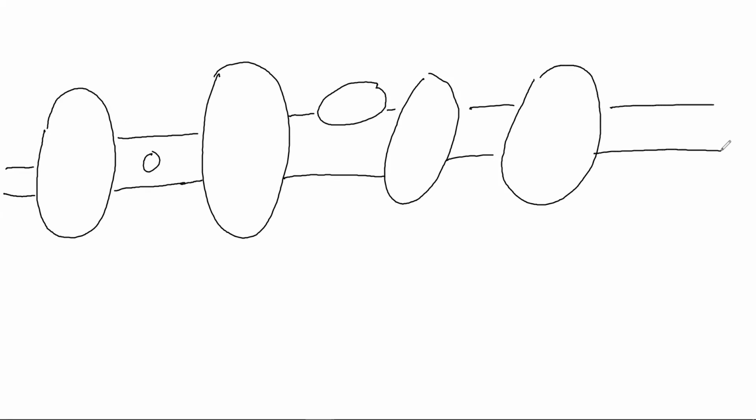Does anybody know what this is supposed to represent? Anybody? Any cell clues? Membrane? Close. This is the inner membrane of the mitochondria, right? There's an outer membrane somewhere, but this is the inner membrane, and inside of this is the mitochondrial matrix.